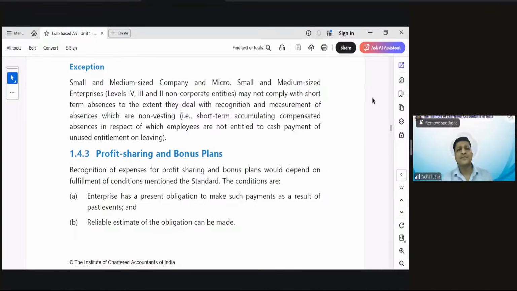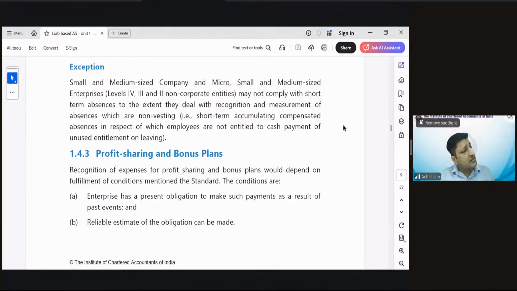Answer is no. As far as the employee benefit is concerned, it doesn't matter what the nature is. The moment you say it's an employee benefit, it will have to be recorded. The only thing that we need to find out is the category. And here again, if there is any bonus, and if that happens to be a short-term employee benefit, it will have to be recorded the way we have discussed. As simple as that, right?